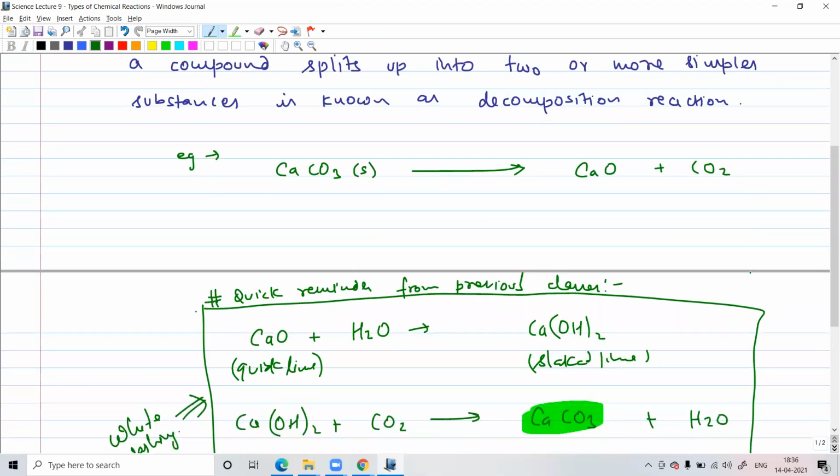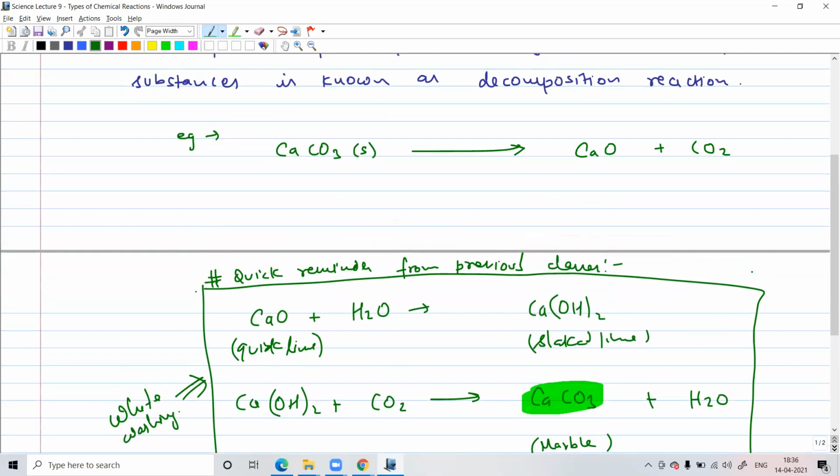Are you surprised by what happened here? Calcium carbonate gave you back this calcium oxide, which was quicklime, which is what we started with to get this calcium carbonate, and it also released the carbon dioxide. Nothing surprising over here, no? Because all these compounds were involved in preparation of that calcium carbonate. So when this decomposes, it gave us back the same compounds.